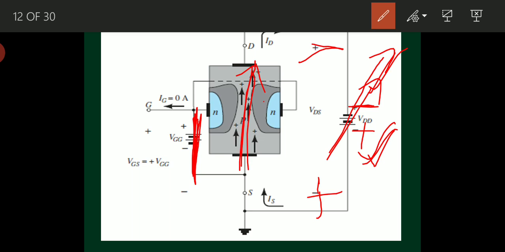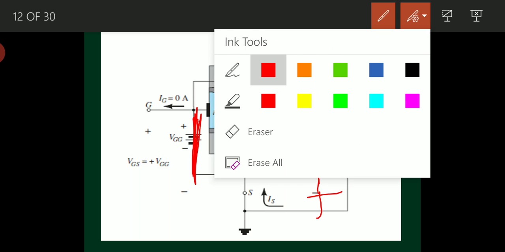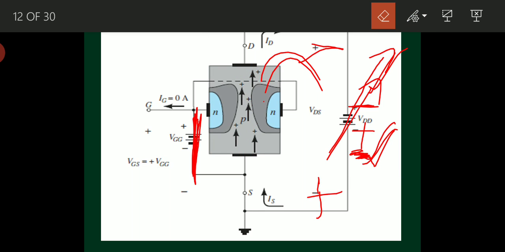Why? Because the positive terminal of the battery repels the positive holes here, and the negative terminal of this battery attracts the holes there. So what will happen if I increase this VDS much more? More charge carriers will move from source to drain. That's why current also increases. Put it in your brain at this point. So current also increases, right?